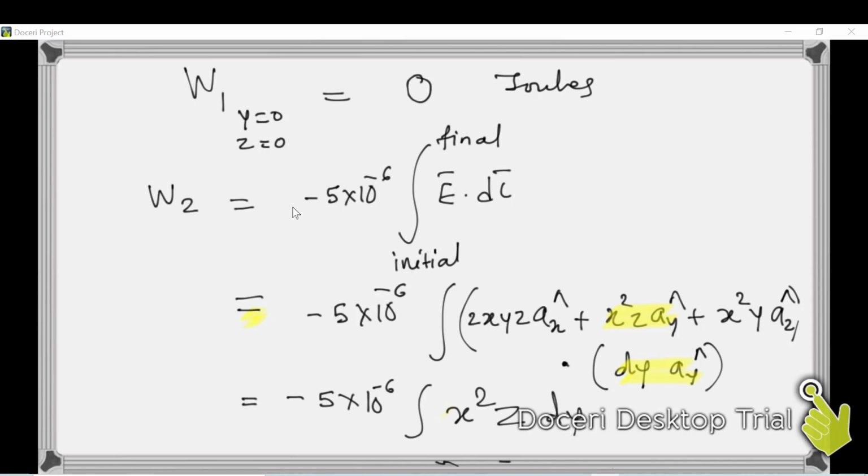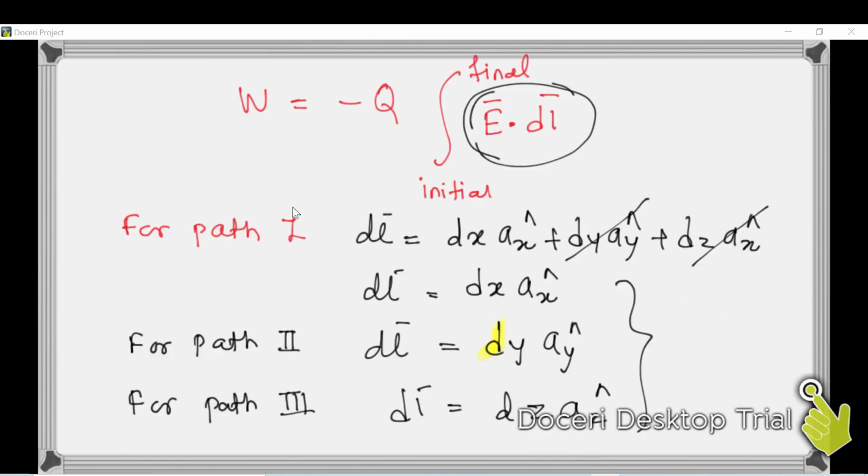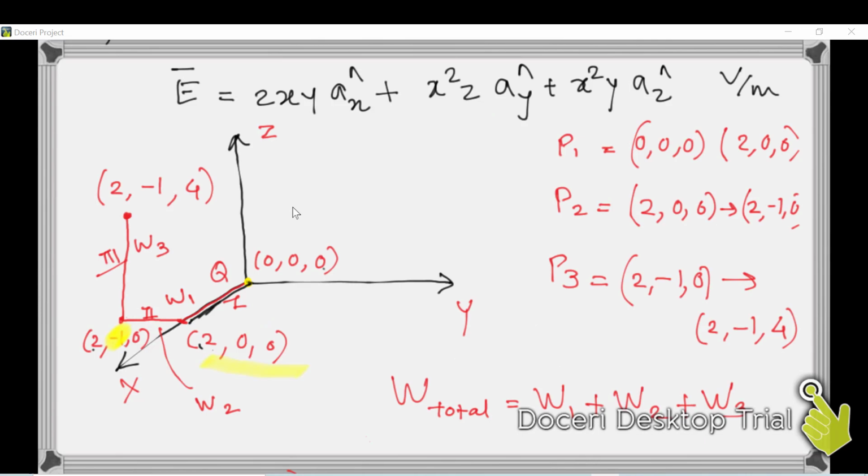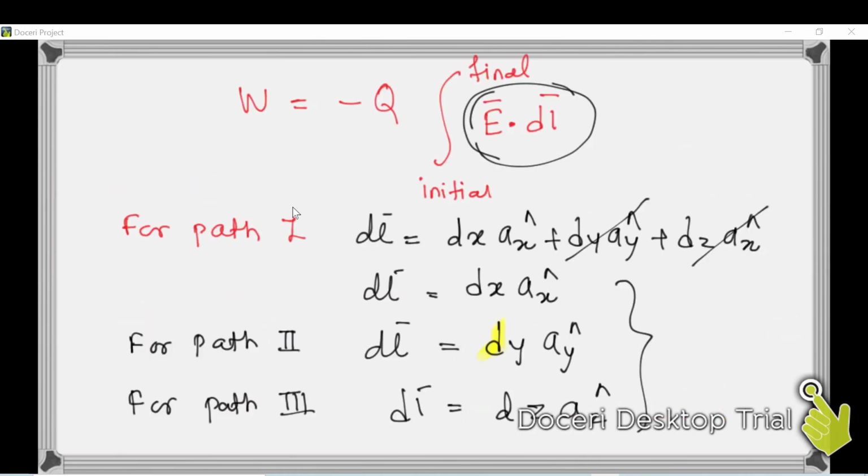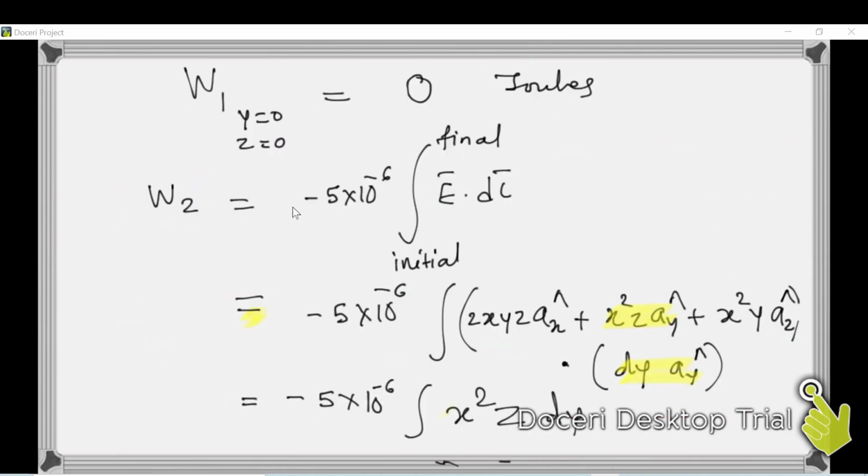What are the limits for this path? I think y has started at point 0 and it is ended at point minus 1. So the initial point is 0 and the final point is minus 1, remember, right? Now for this path, these values are for y. Dy is 0 initially and y is minus 1 finally. But again for this path, what is the value of x?